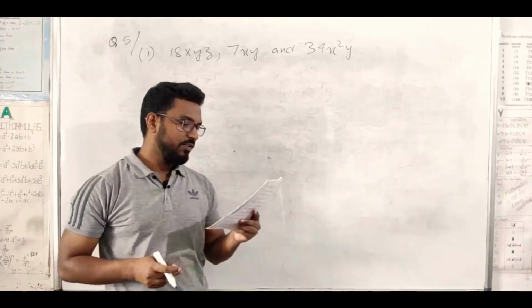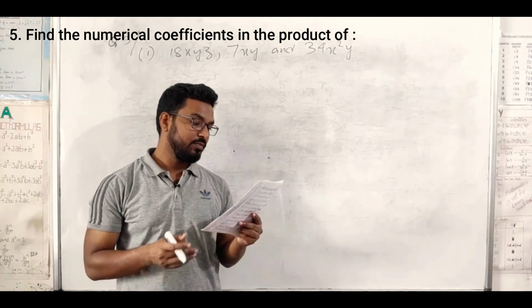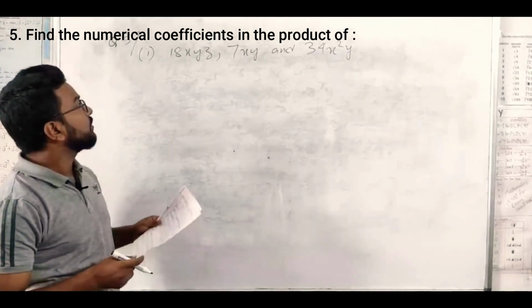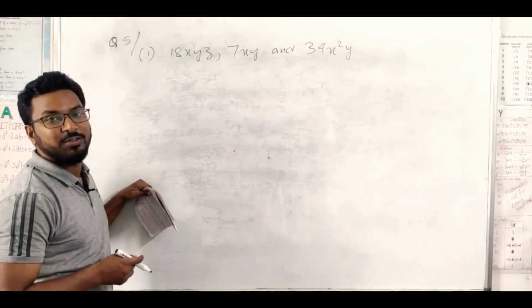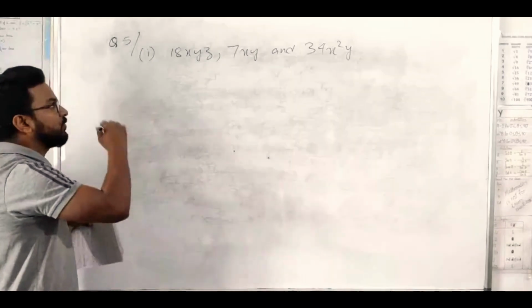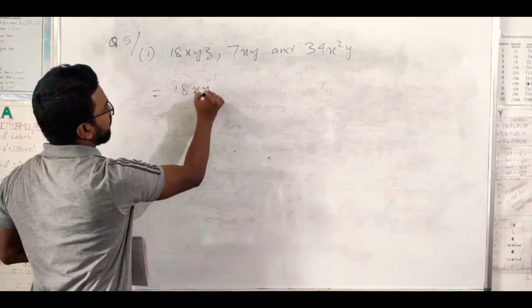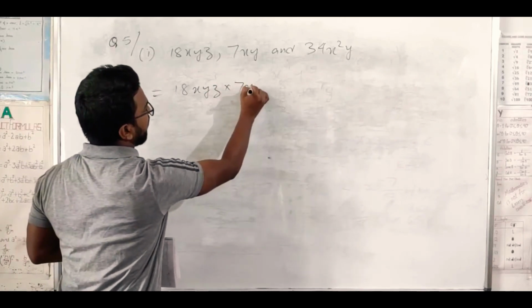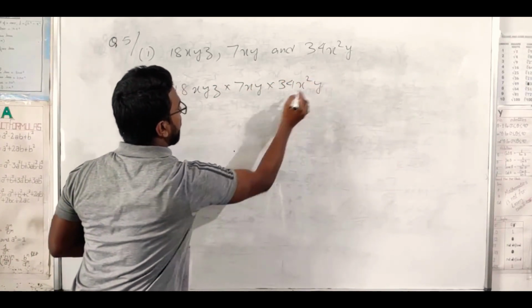So our next question is: find the numerical coefficient in the product of 18xy, xyz, 7xy and 34x square y. You have to find only the coefficient. So first we will multiply: 18xyz into 7xy into 34x square y.